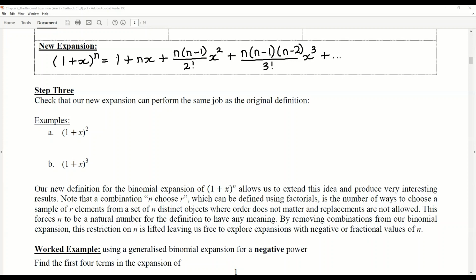I'm going to leave it like that. We can see the pattern continuing, but it's not quite clear how this expansion will end. But the pattern is pretty clear.